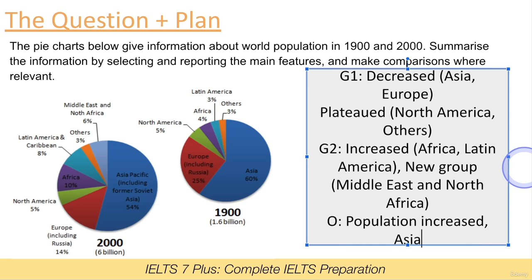However, Asia and Europe's share decreased. That's what we're going to basically talk about, among other things here. So population increased, Asia and Europe their share decreased.